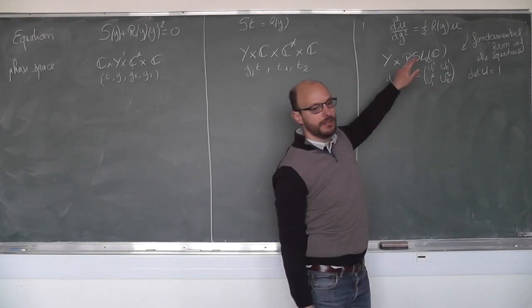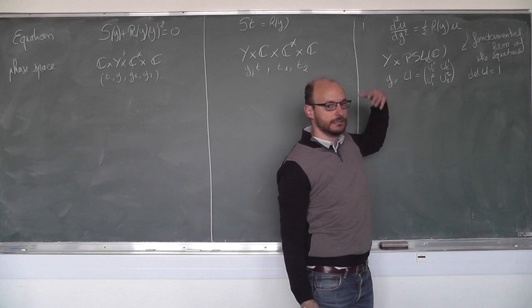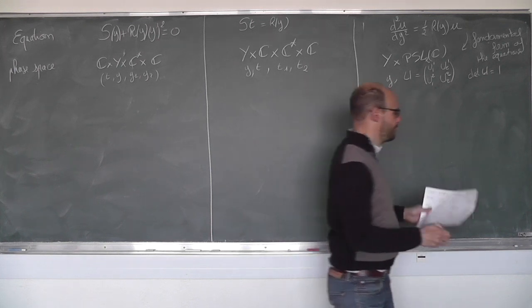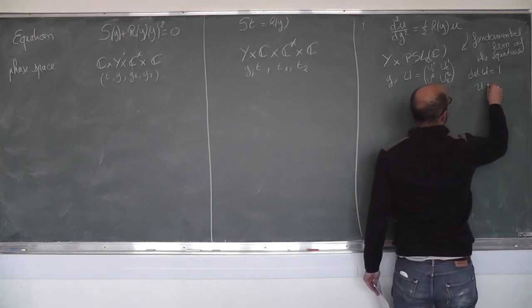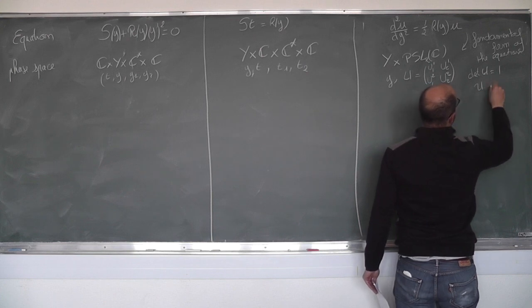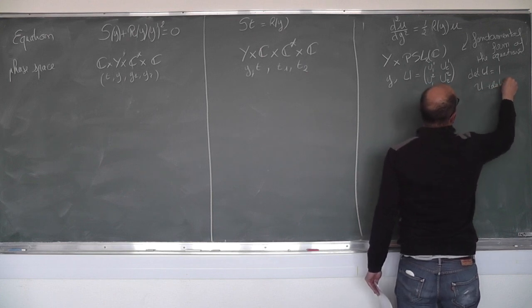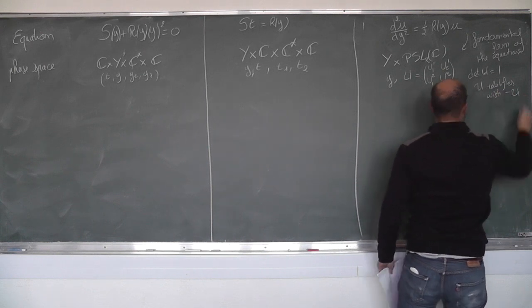And the P here means that for us this matrix and minus this matrix are equal, is identified with minus U.